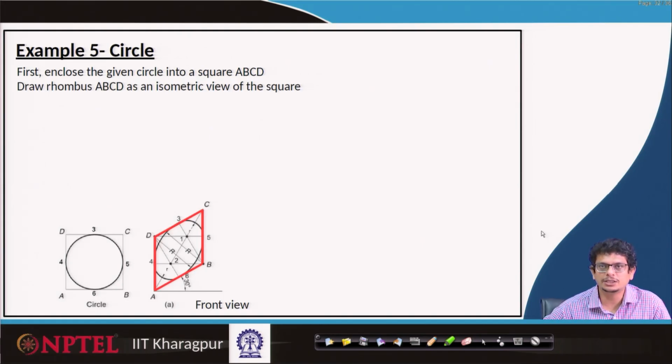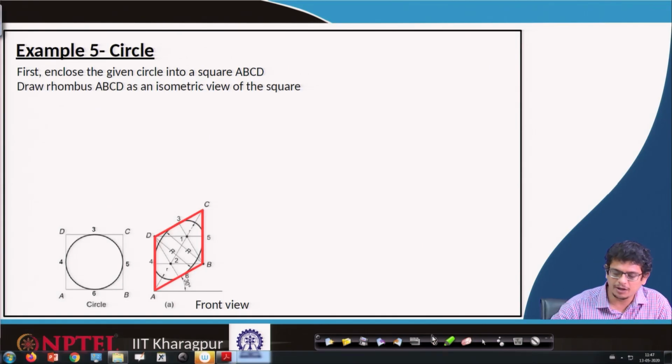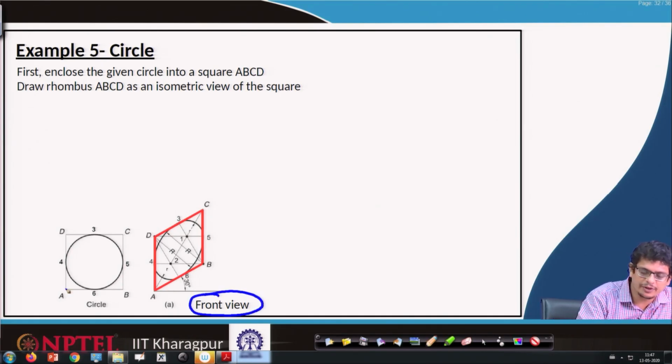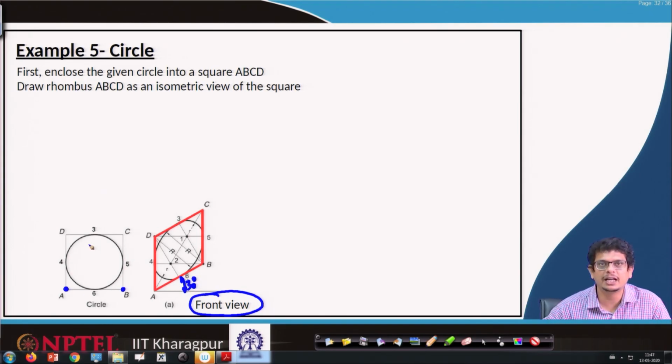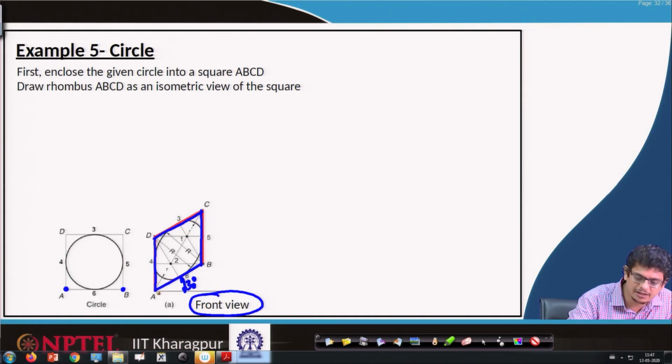Now, construct the parallelogram or the rhombus on the frontal view. We have seen how to construct this AB line with 30 degrees. Transfer the remaining CD lines also, so that we have this ABCD rectangle.